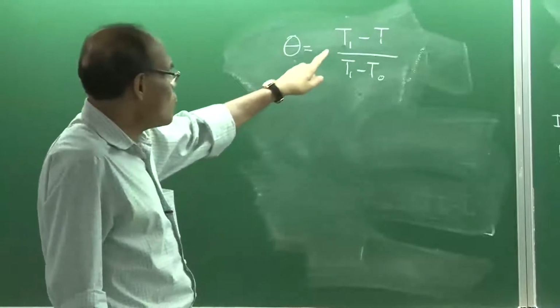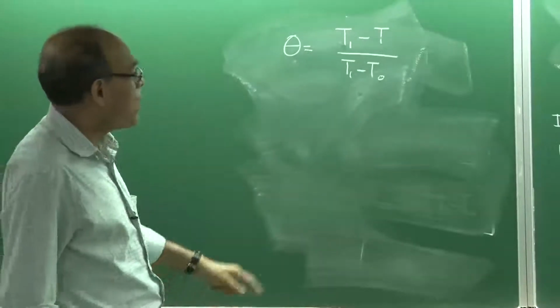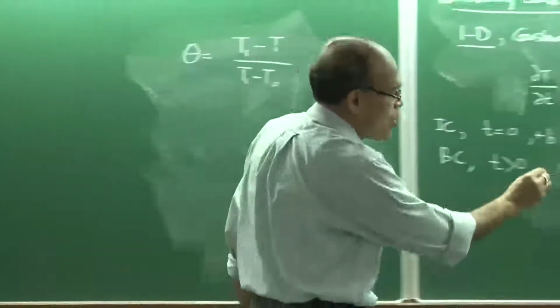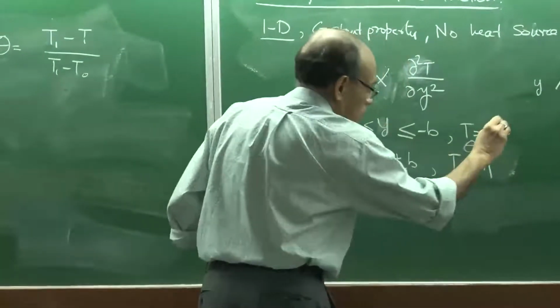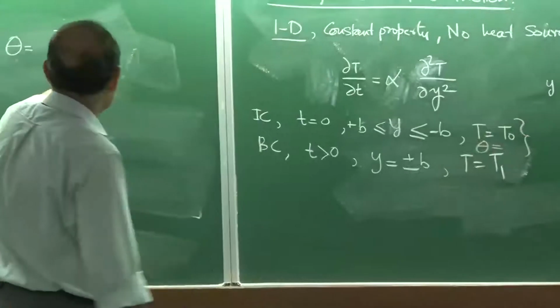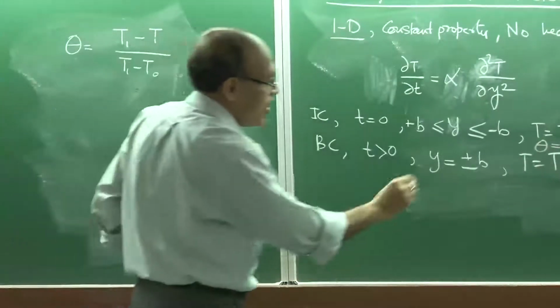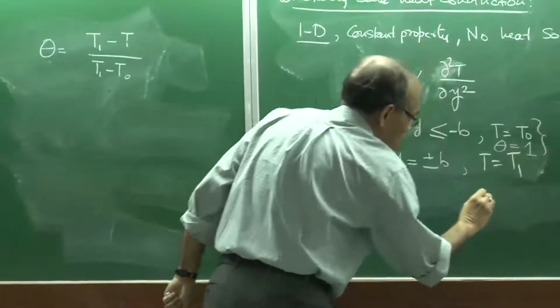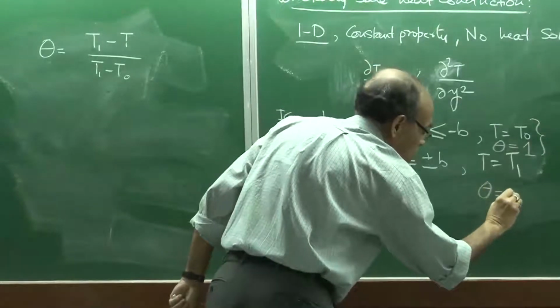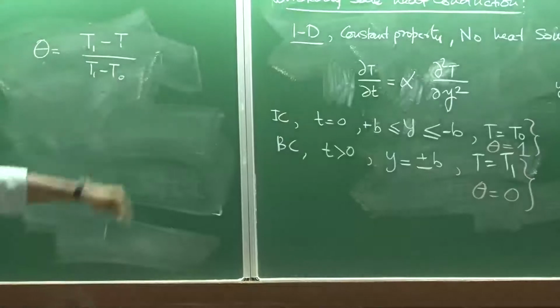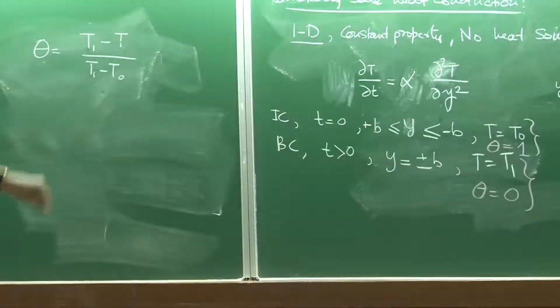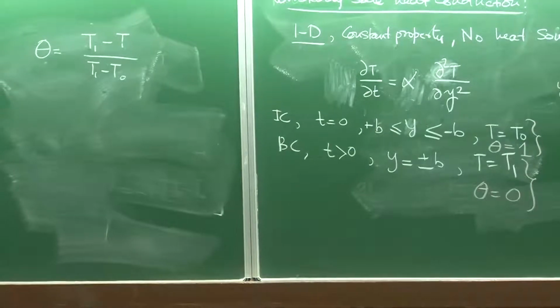The moment I do this, this boundary condition will become theta is equal to, if I put T0 here, then in terms of the non-dimensional variable, this becomes... So, my conditions now change: the initial condition is 1 and the boundary condition is 0, in terms of the non-dimensional variable.